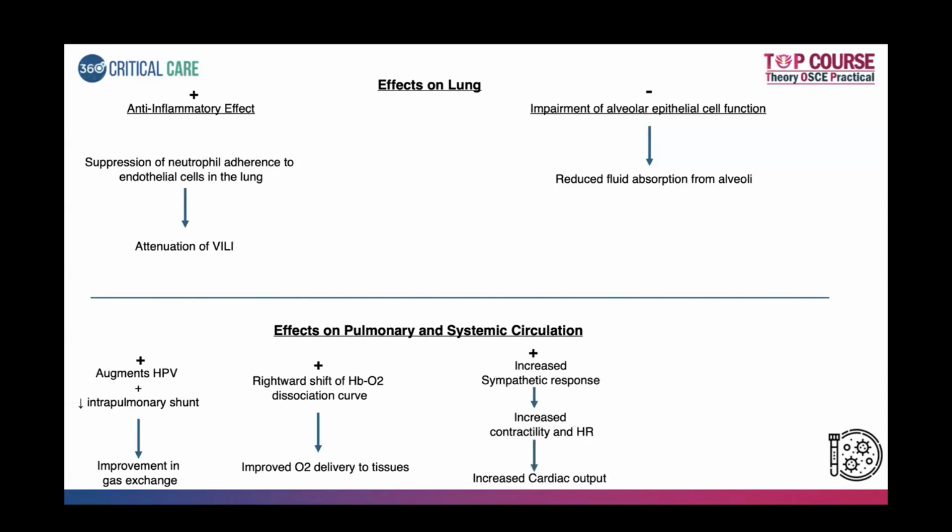An increase in PaCO2 levels helps to increase the sympathetic response, thereby increasing contractility and heart rate, and thus cardiac output. On the downside, it causes intense vasoconstriction of the pulmonary vessels. So an increase in PVR can lead to an increase in pulmonary afterload, RV afterload, thereby leading to impaired RV function in susceptible patients.